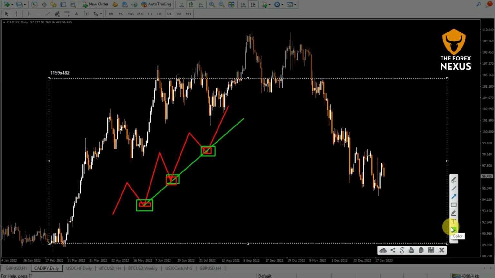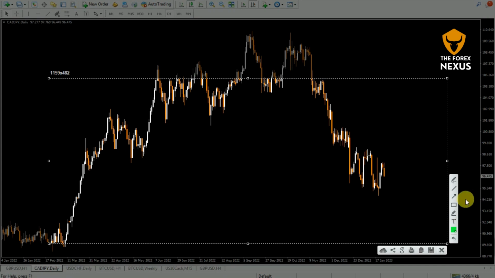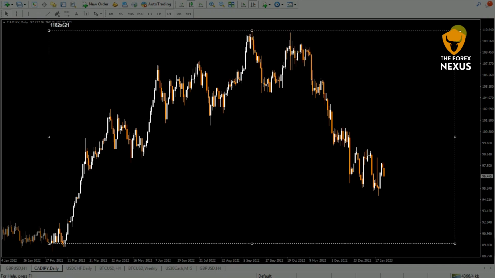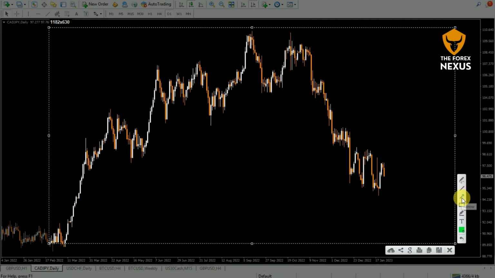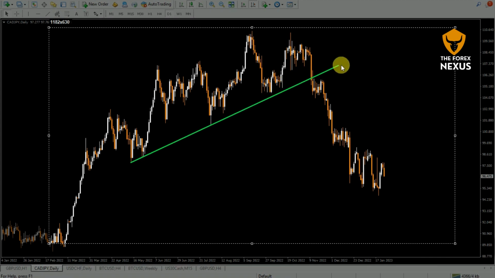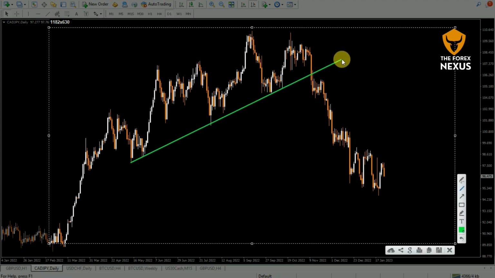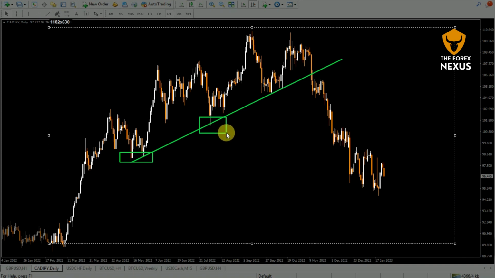So let me make it more clear. To draw on a chart, we got the first test, second one, third one. On the fourth touch, we got a breakout.